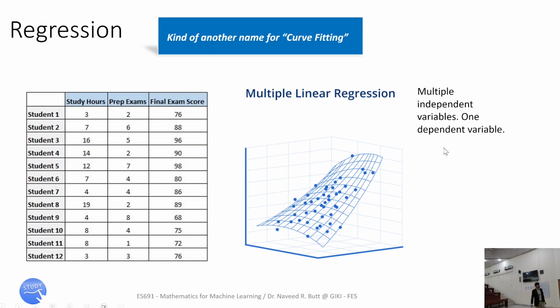Then you are not limited to 2 dimensions, a single variable. You can have multiple variables. So maybe you have data about how many hours the student studied, how many marks they got in the prep exam or a major quiz, and then how many marks they got in the final. In that case, these two might be your input features, and this is your label.